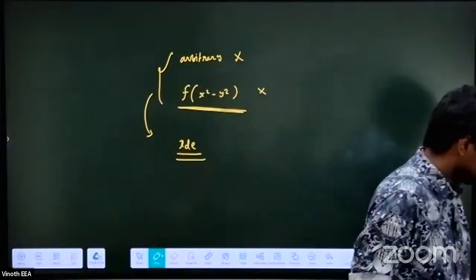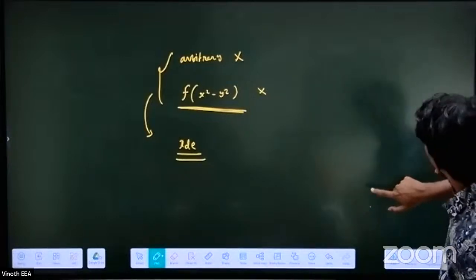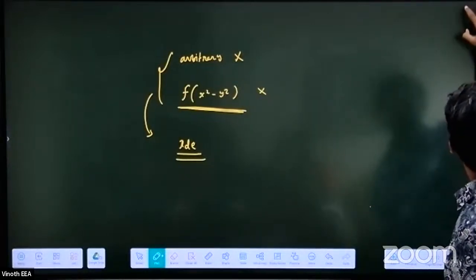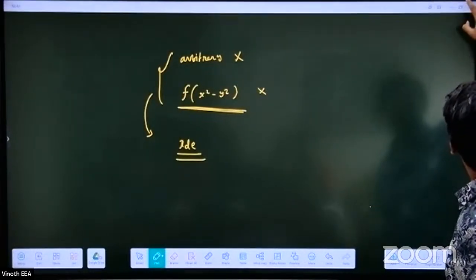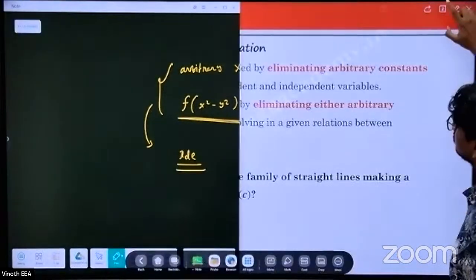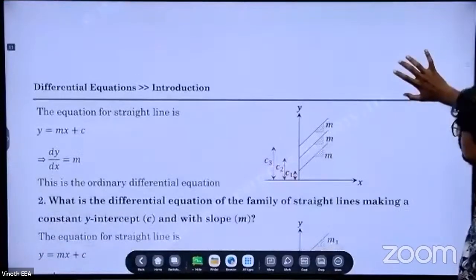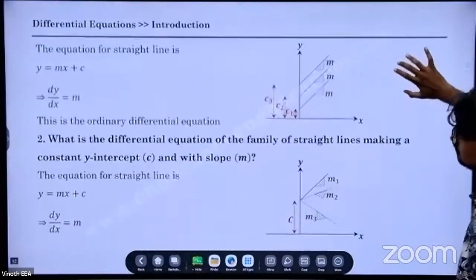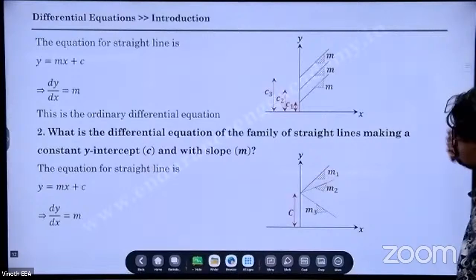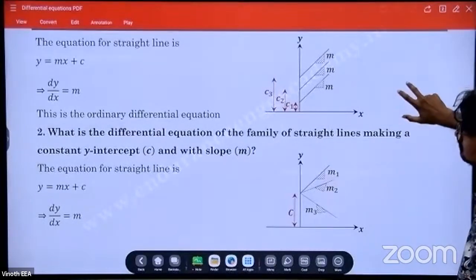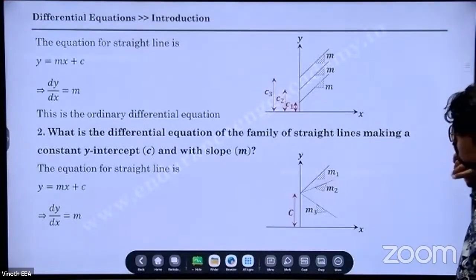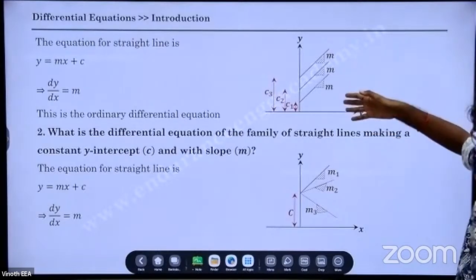Fine. One second. Simple concept. You can copy it, I will display it.